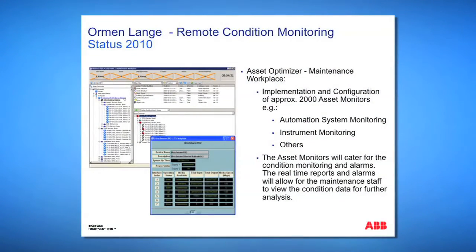To facilitate this, we have implemented some 2,000 asset monitors. And those asset monitors are out there in the field. They are monitoring mechanical equipment, rotating devices, instruments, automation systems, all types of telecom systems, all types of equipment that we have installed.